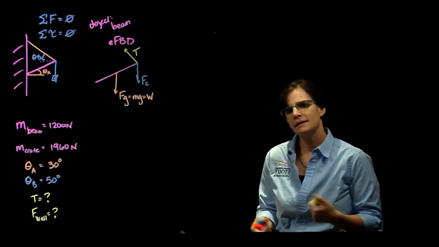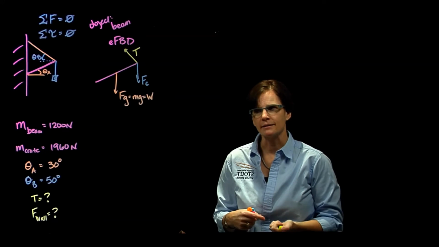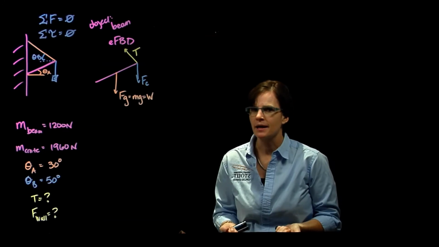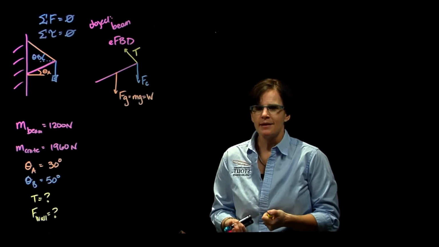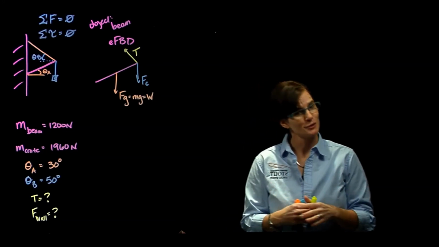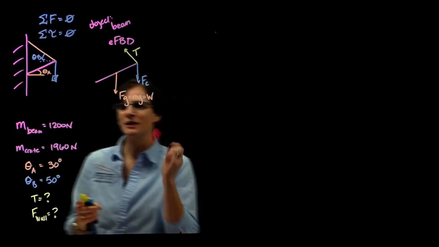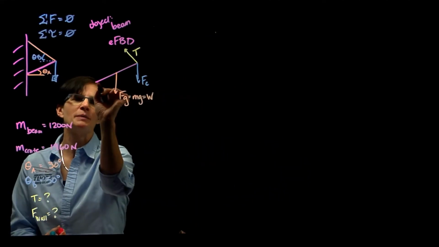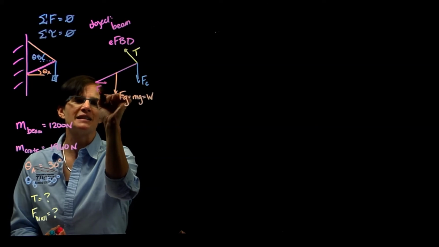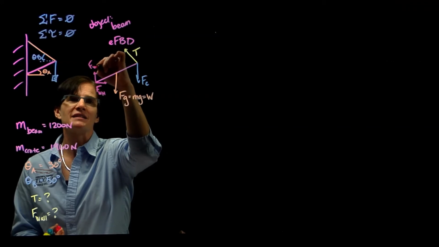Now, I'm not given the direction that the beam and the wall are interacting, but I know there's contact there. I know there's an interaction. And I also know that forces can be broken up into horizontal and vertical components. So I may not know the total force acting on that wall, but I do know that there's a piece of that force that's in the horizontal direction, and there's a piece of that force that's in the vertical direction.